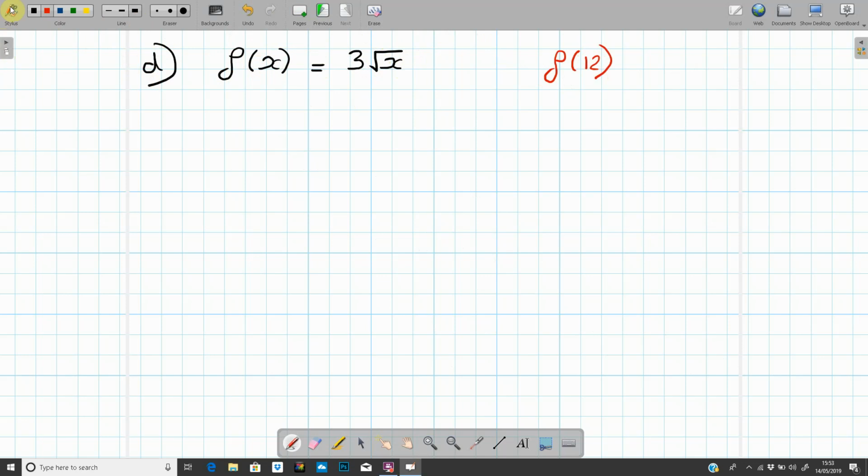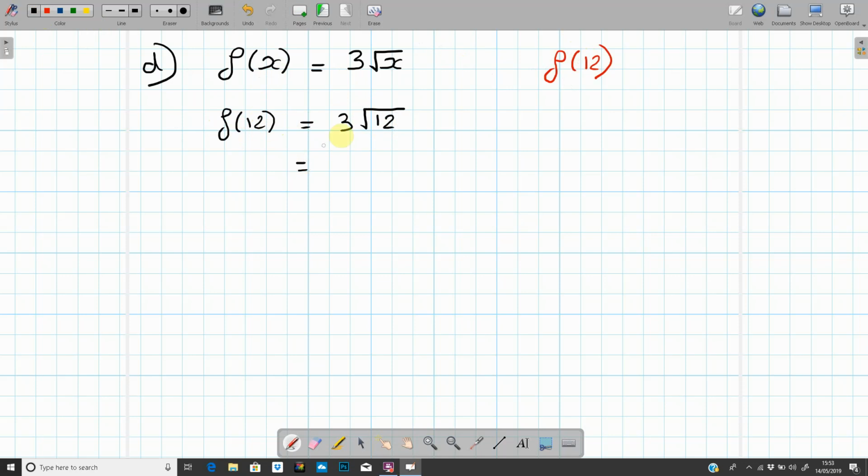So what that means is wherever we have an x, because the 12 has replaced the x here, I'm just going to replace it with a 12. So in this case, we get 3 root 12.